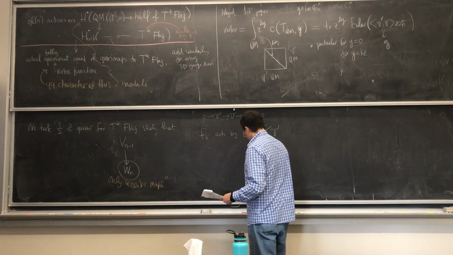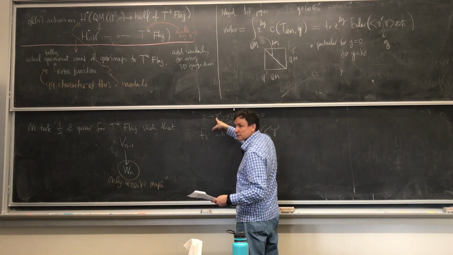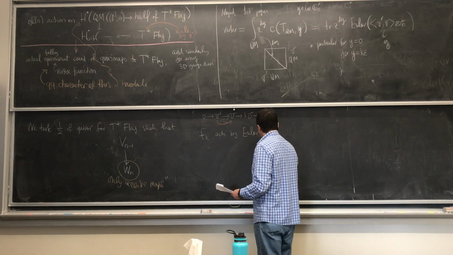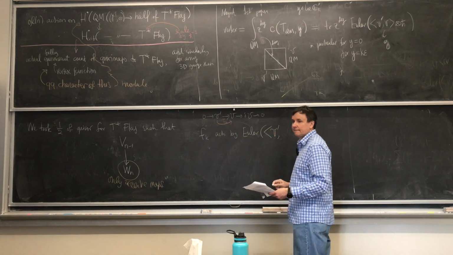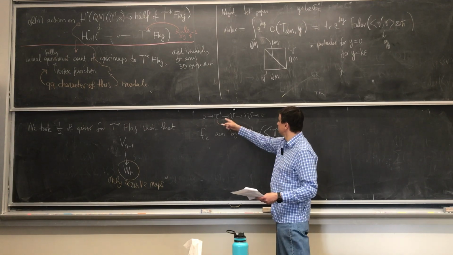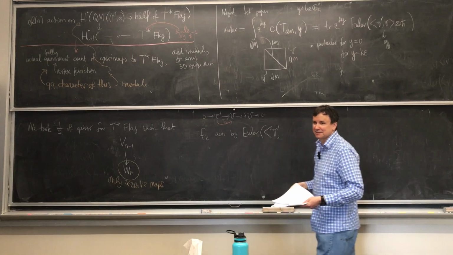Fk goes from here to there, starting with the bigger degree and going to the lower degree, because the degree of a map is minus the degree of the bundle.